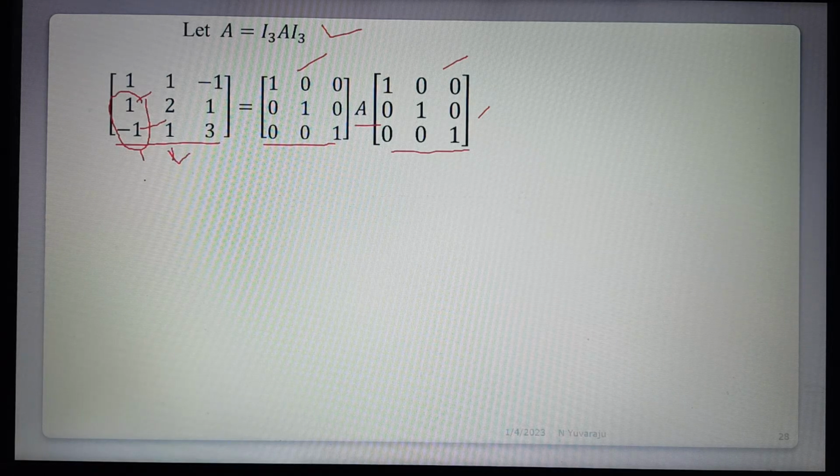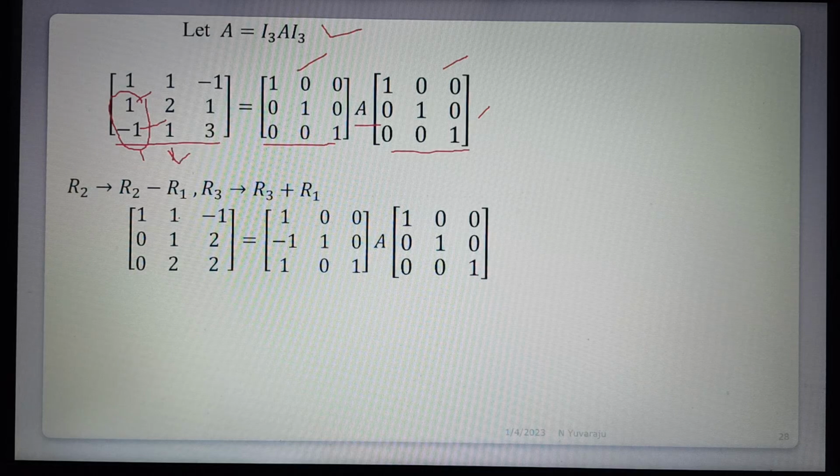Using R2 equals R2 minus R1, next R3 equals R3 plus R1. So that is equal to 1, 1 minus 1, 0, 1, 2, 0, 2, 2. Now the same operation on this matrix. First row same: 1, 0, 0.